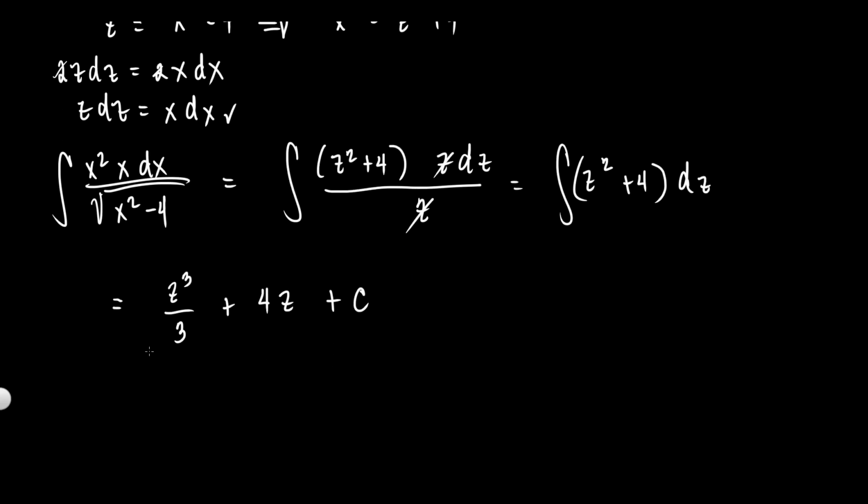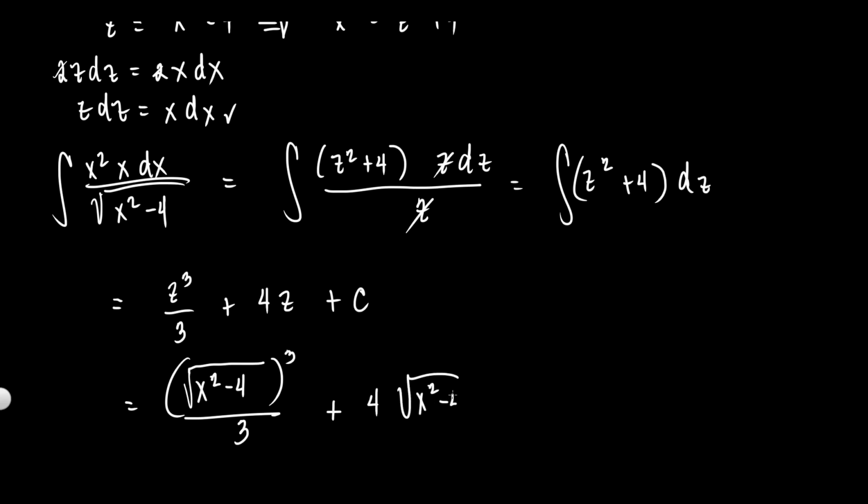So this is equal to the square root of x squared minus 4, raised to 3, over 3, plus 4 times the square root of x squared minus 4, plus c.